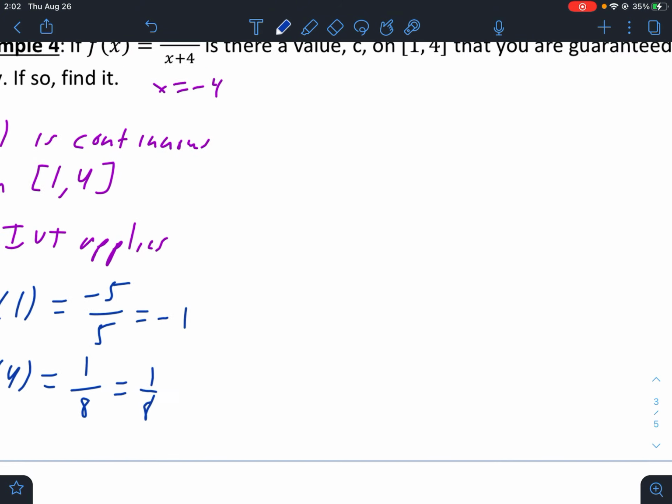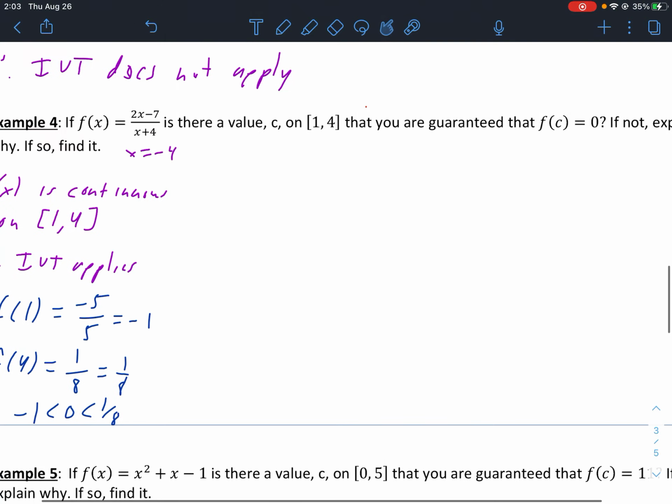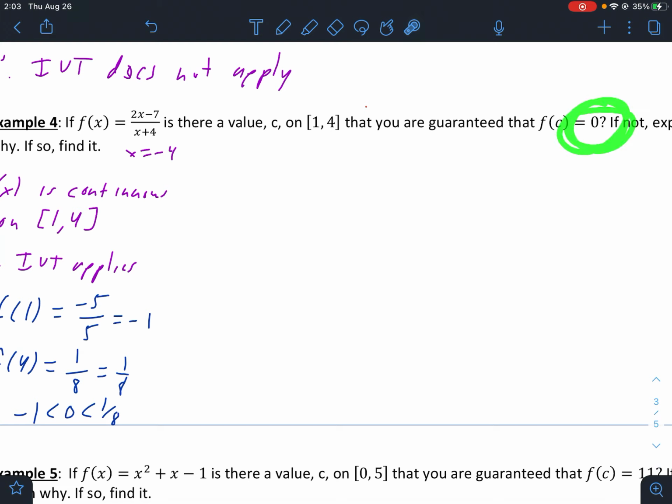All right, so our values are -1 and 1/8, and we are pretty sure that -1 is less than 0 is less than 1/8. So 0, which we got from here, is in that range of answers, which tells us that the IVT is going to work for this problem. So we are definitely guaranteed that there's going to be an answer for this problem.